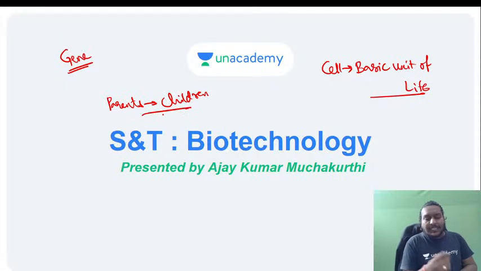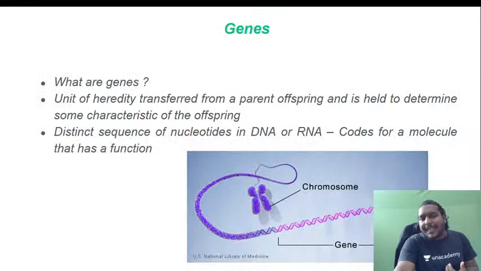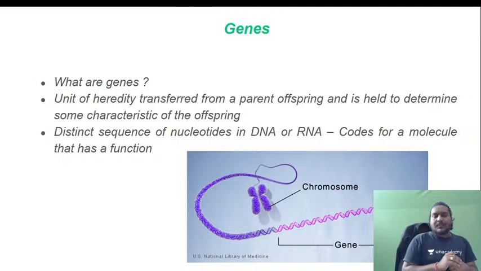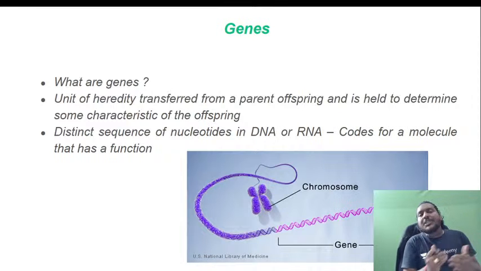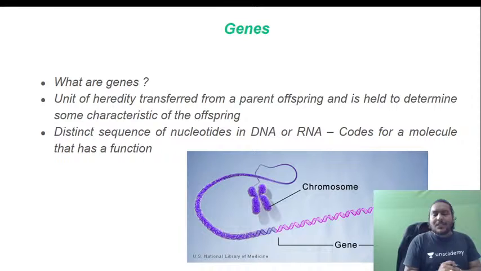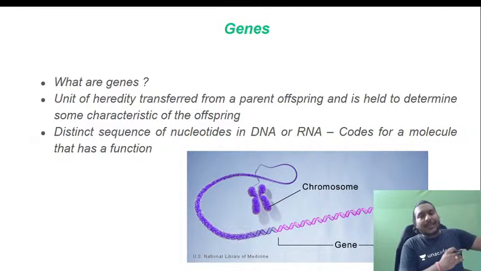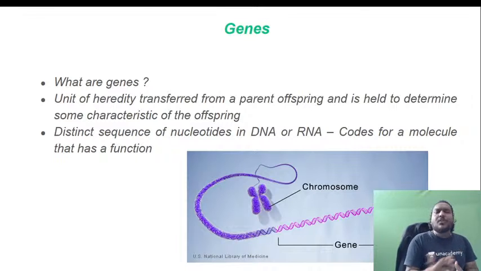The genes are one of the basic important parts of life, which are a part of the cell. They are hereditary characteristics coming from the parents to the children. So we often say, this child looks like his mother, this child looks like her father. How do you decide it? It is because of the genes passed from the parents to the children. This is something very common that we see in general.